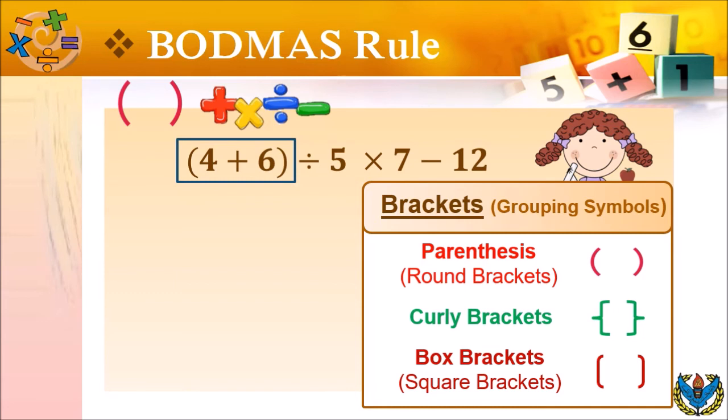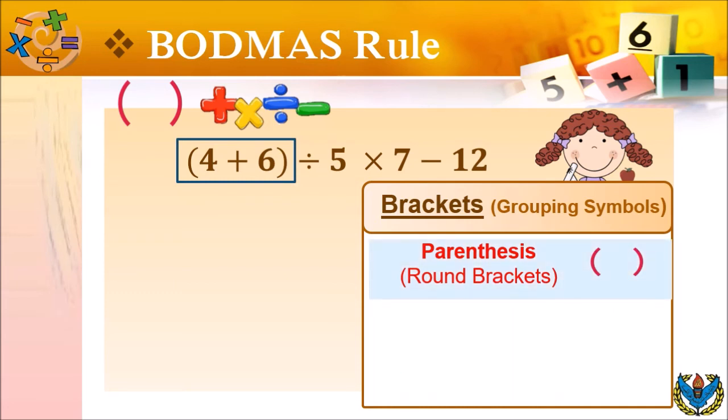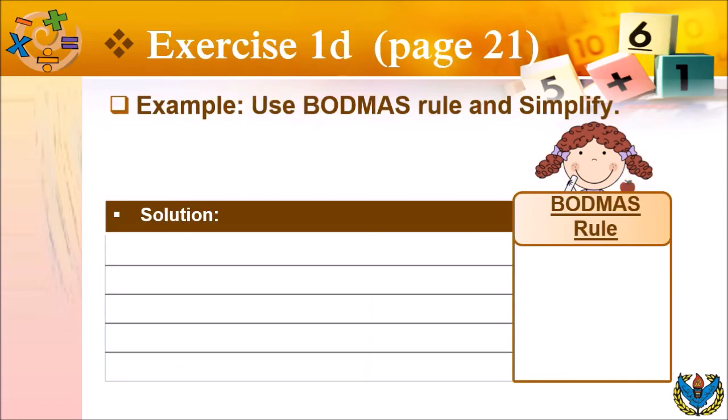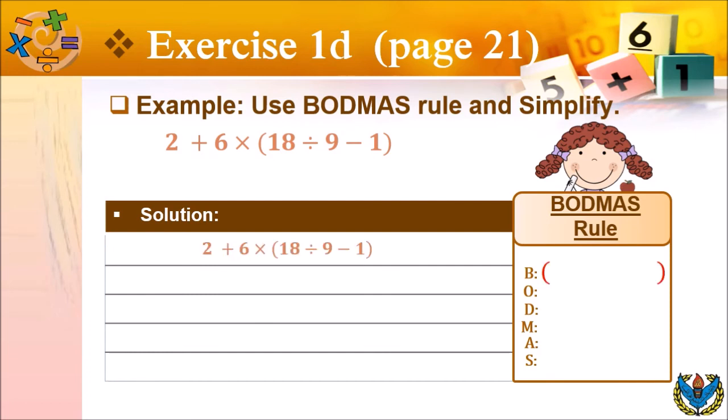The most common brackets used in mathematics are the round brackets, called parentheses. In this lecture, you will learn to apply the BODMAS rule using only parentheses. Let's solve an example with the help of the BODMAS rule. In this statement, we have round brackets.